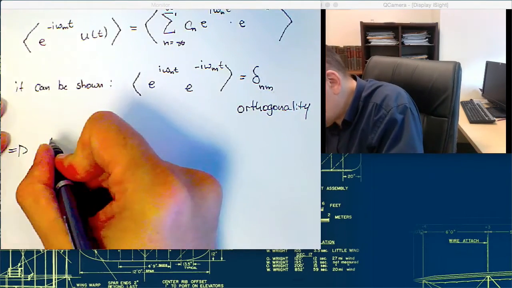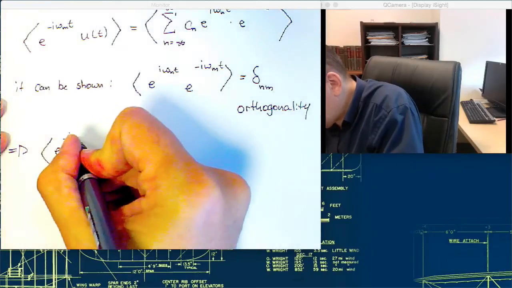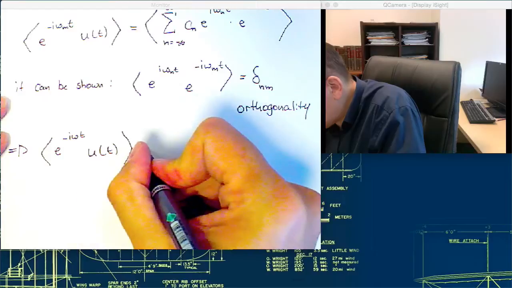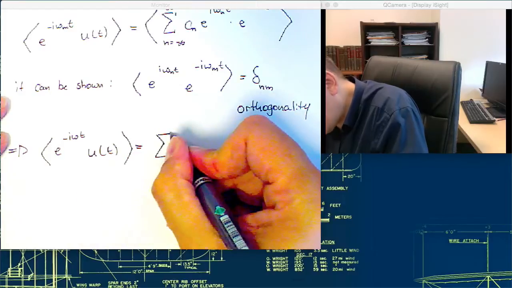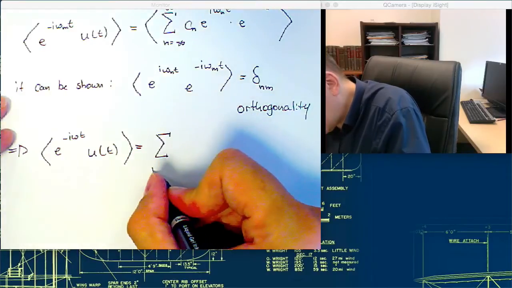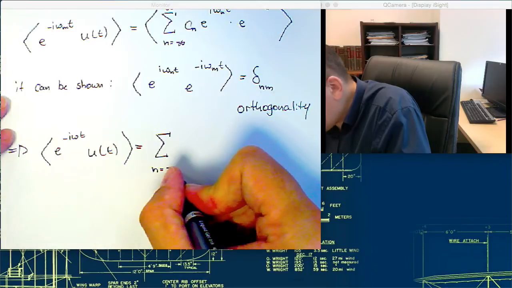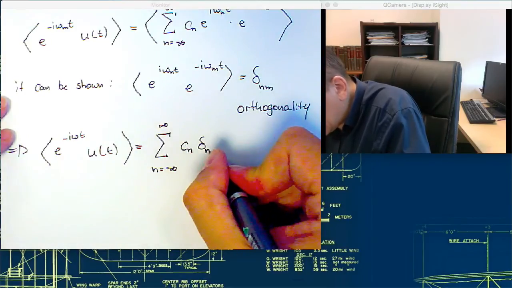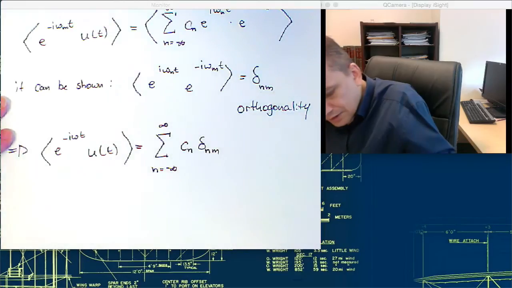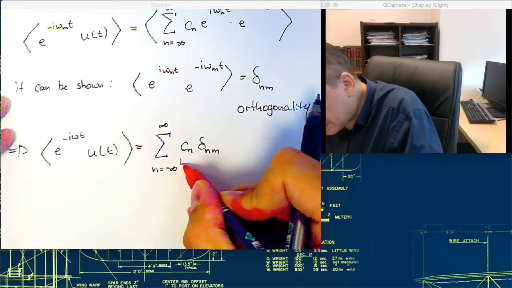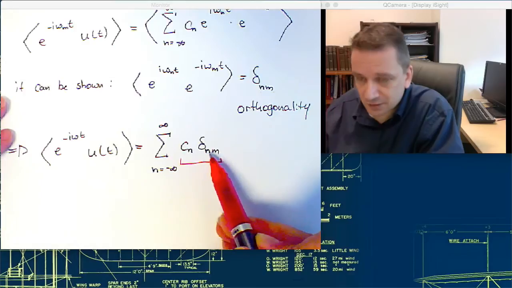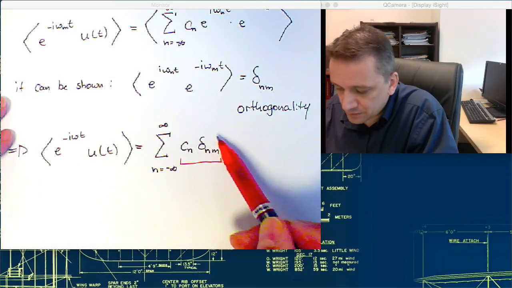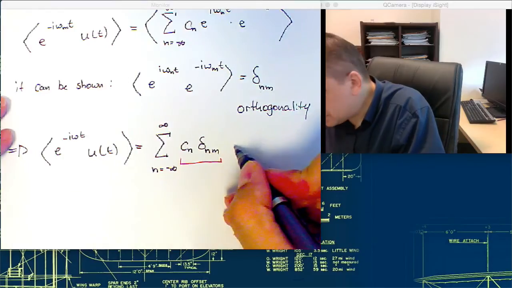From that follows e to the power i omega m t, u of t is equal to the sum of n equal minus infinity to plus infinity Cn Kronecker nm. These two you can draw together because Kronecker nm is only 1 when n is equal to m. Everything else is 0. So this one becomes Cn.